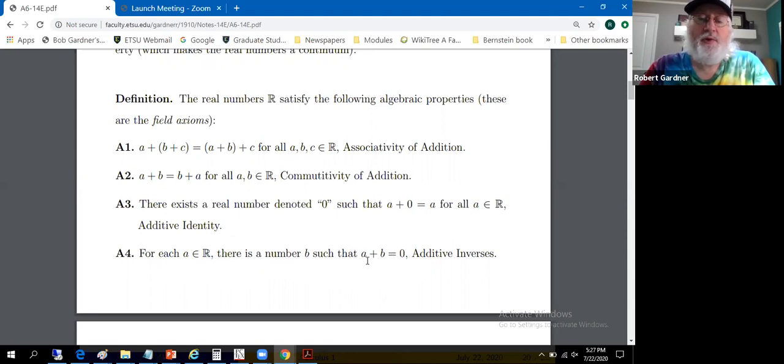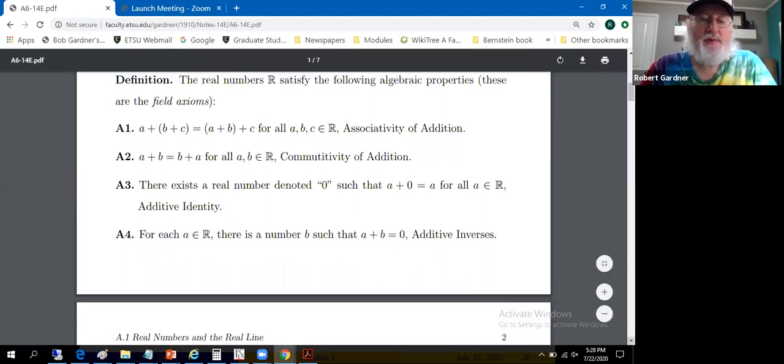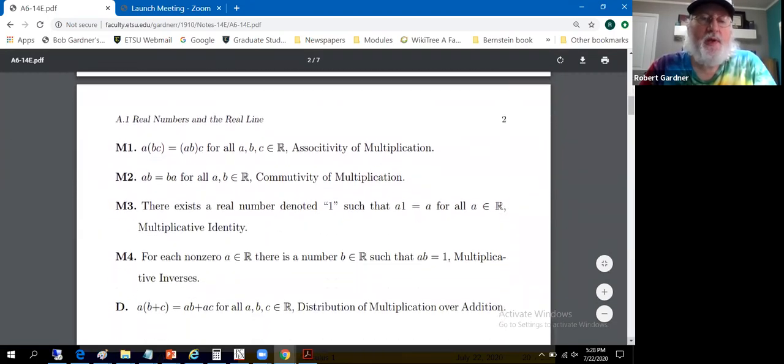In other words, there exists a number B such that A plus B equals the additive identity, which we've called 0. This is an additive inverse. A has an additive inverse. All real numbers have additive inverses. This is the fourth axiom of addition.